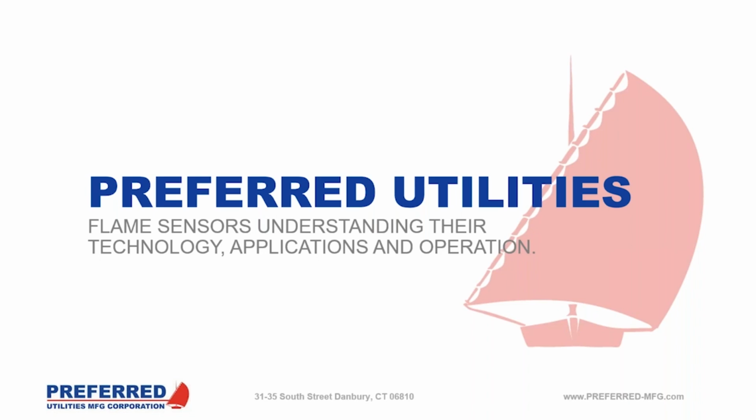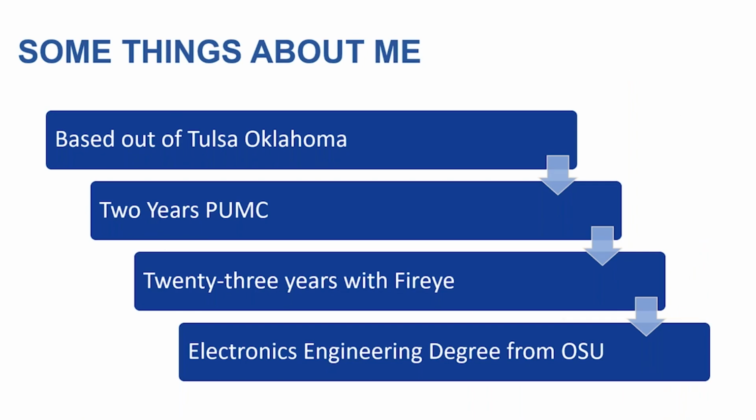So with that being said, let's back up just a little bit and give you an idea about myself. I'm based out of Tulsa, Oklahoma. I've been with Preferred Utilities now for a little over 2 years.